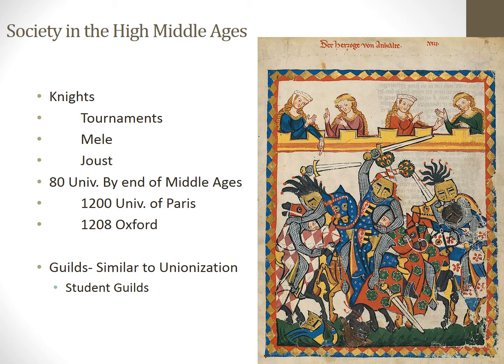The High Middle Ages, of course, also is the height of the medieval knight. And medieval knights received their training in tournaments. Most people associate the tournament, which is depicted here, with a public contest that centered around things like the joust.